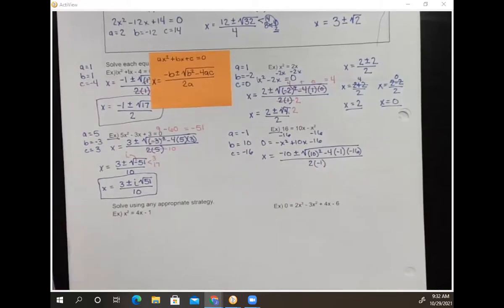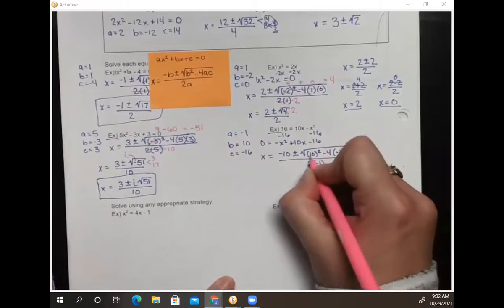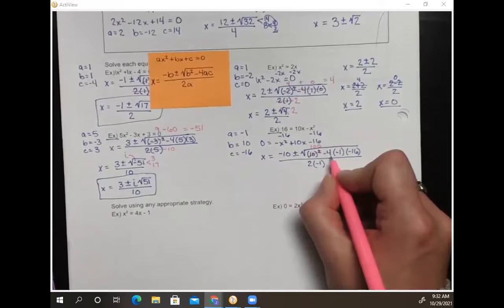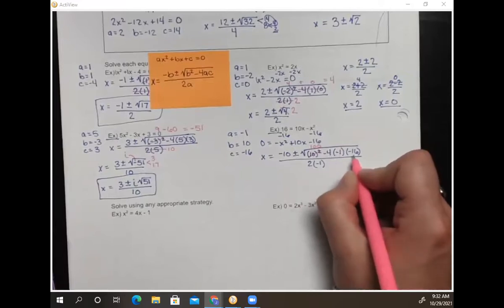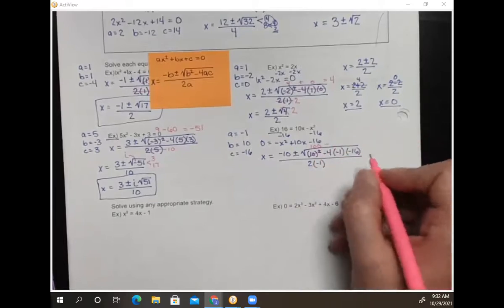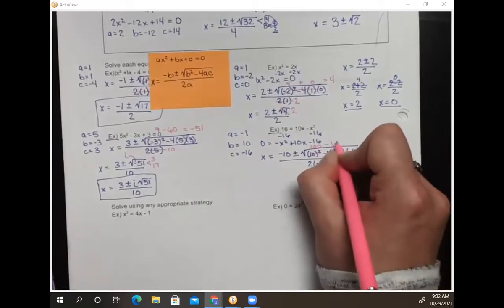Now we simplify. 10 squared is 100. -4 times -1 times -16. Since I've got 3 negatives, it's going to be negative. And this would give me 64.